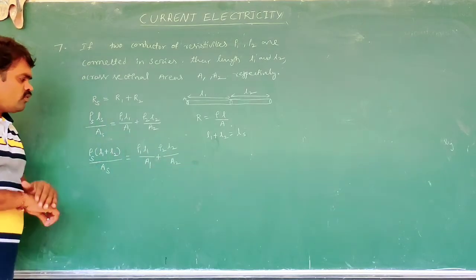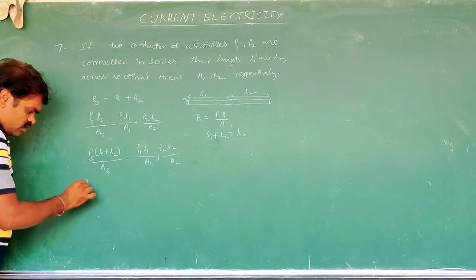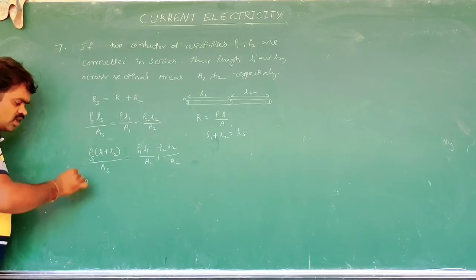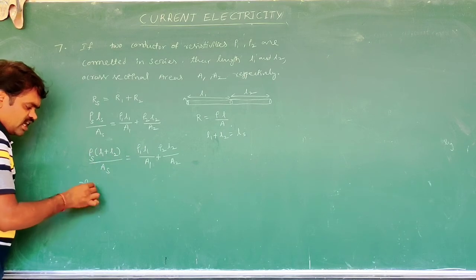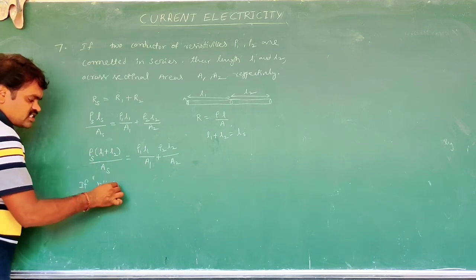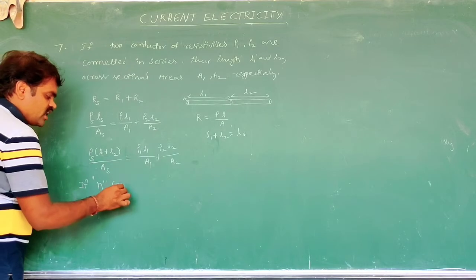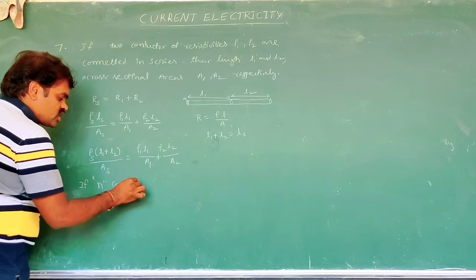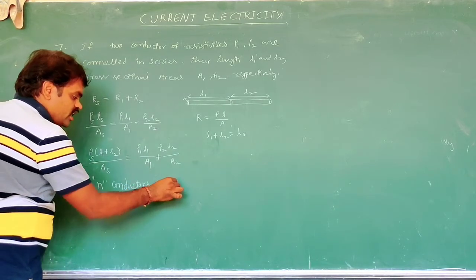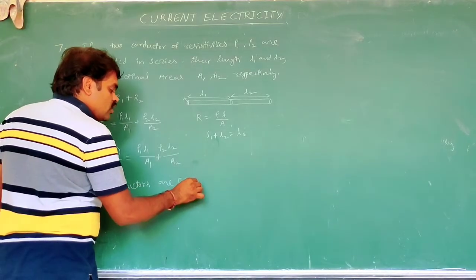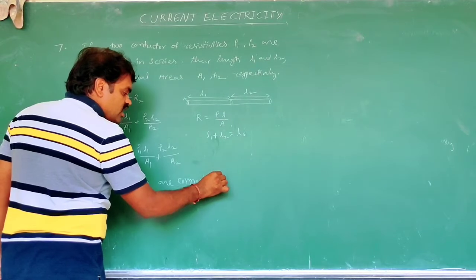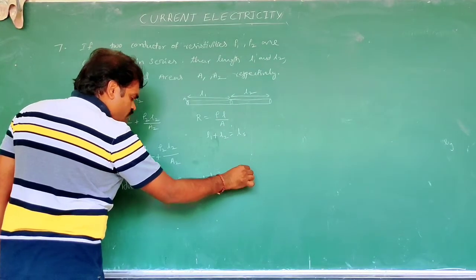Here, if we consider n conductors, if n conductors are connected in series, what is the formula?